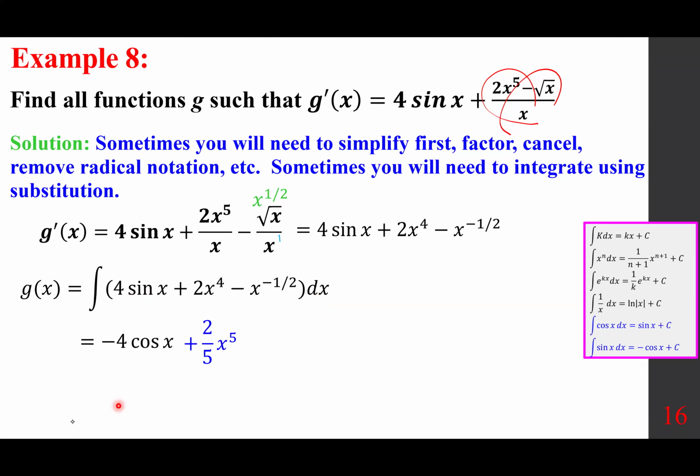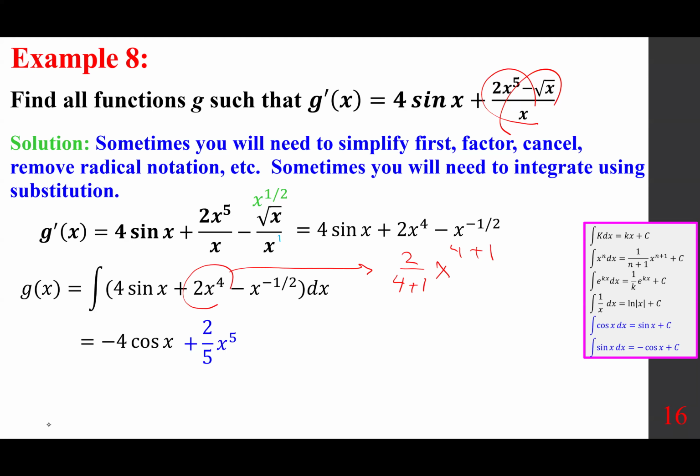Again, just to show you in case we are looking at this, everybody. And for this one, let me just write it here. I would write 2 divided by 4 plus 1, x to the power of 4 plus 1. Okay, so I get 2 over 5 x to the power of 5.